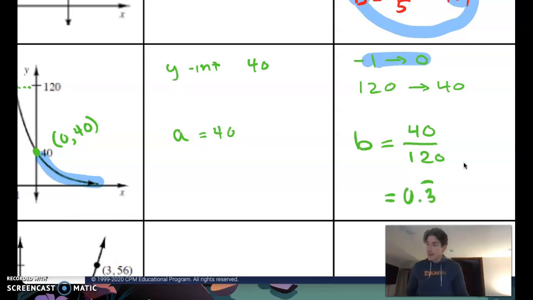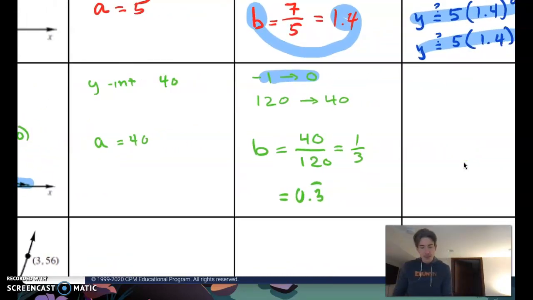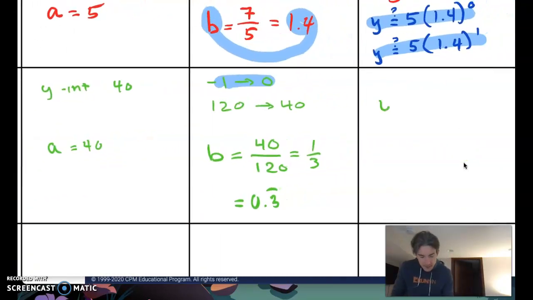But because this is a non-terminating rational number, meaning one that doesn't have an end to it, we would probably best be served by writing this in reduced fraction form. The 1/3 value there is the way to do that. Now I've got my A, I've got my B, and I can write this as y equals 40, I'll use parentheses again, (1/3) to the x power.